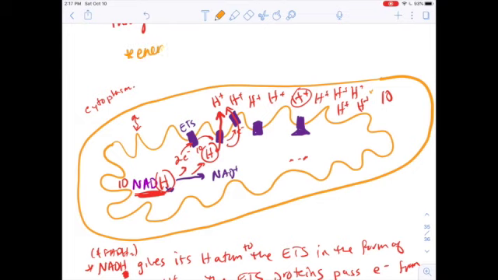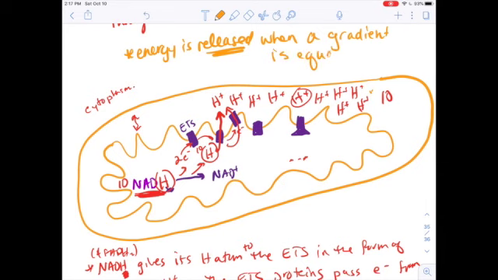So let's write this down. Energy is released when a gradient is equalized. Remember, I wrote "equalized" like that, and somebody was laughing at me when I did. Energy is released when a gradient is equalized.